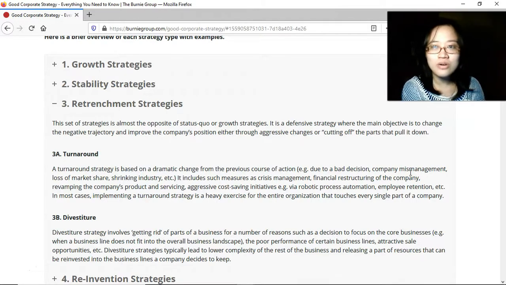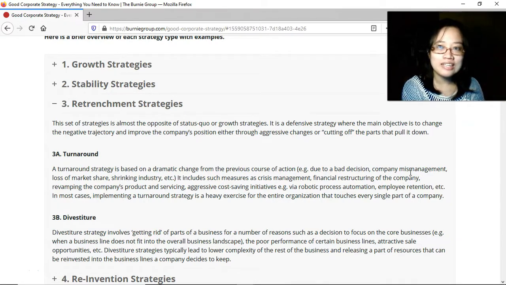And then, they also recalled the products. Kasi, although it would cost a lot to the company, kasi naman mas sira yung kanilang image, brand, and reputation, let's suffer the loss instead of killing the brand or the reputation, right? So, yan, it's a turnaround strategy.